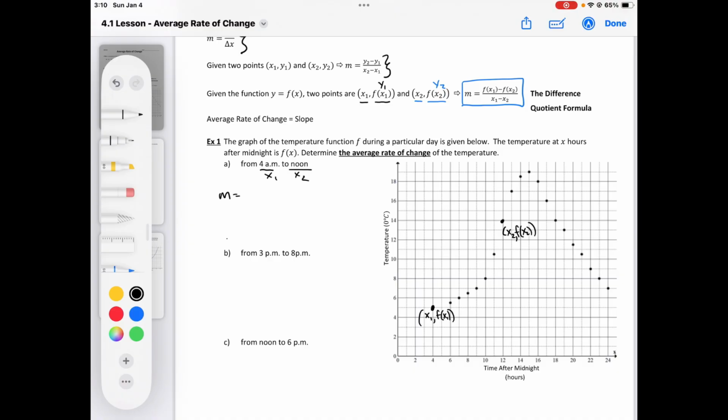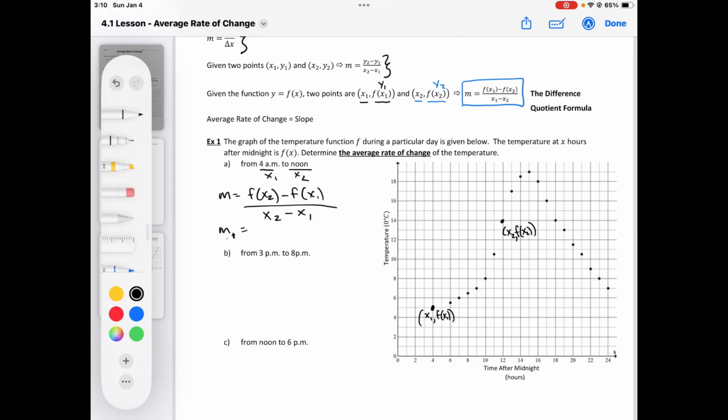Our difference quotient formula is f at x2 minus f at x1 over x2 minus x1. You can write it the other way around as written here, as long as you go the same direction. It does not matter. Then we substitute in our values.